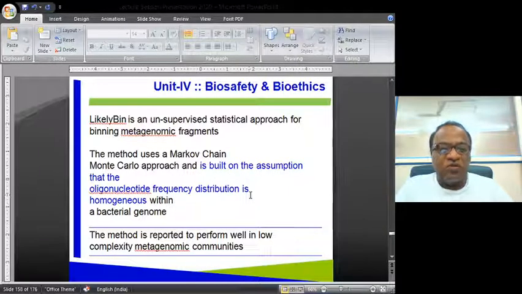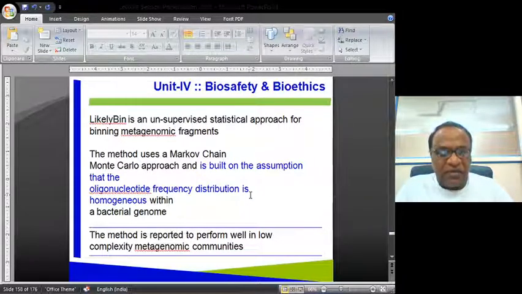So the genome sequence should be of low complexity, only then it is possible to use the LikelyBin approach, which is based on the assumption that the oligonucleotide frequency distribution is homogeneous within the genomes or the bacterial genomes.